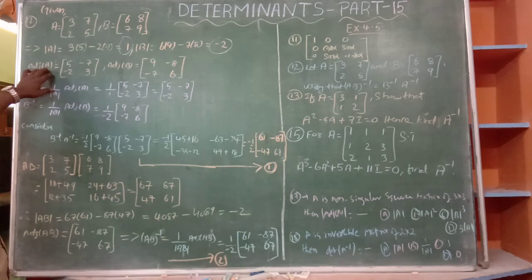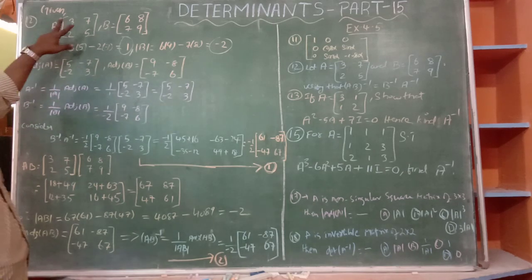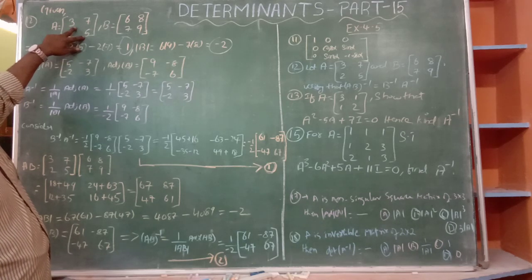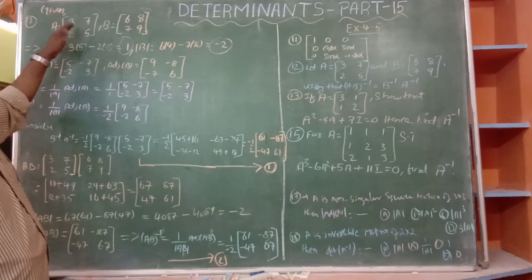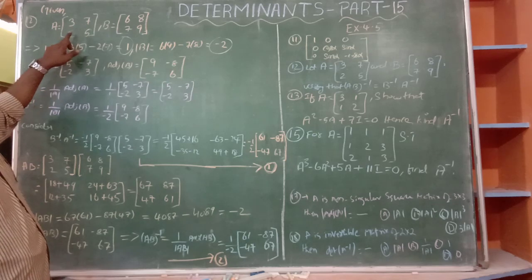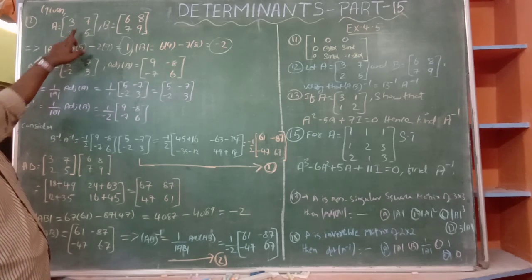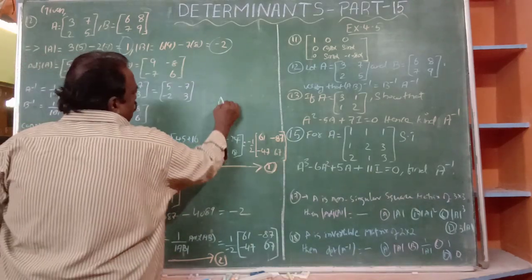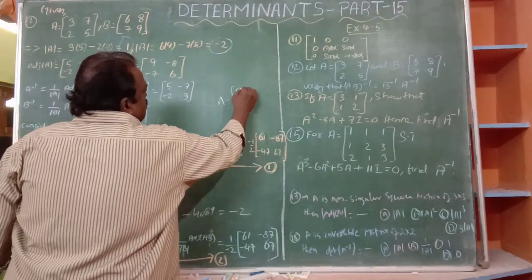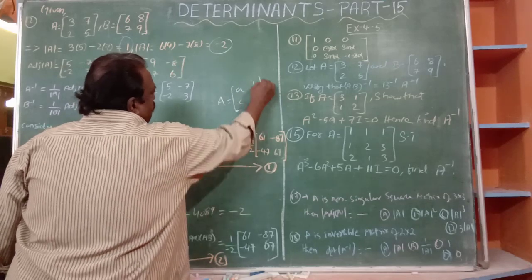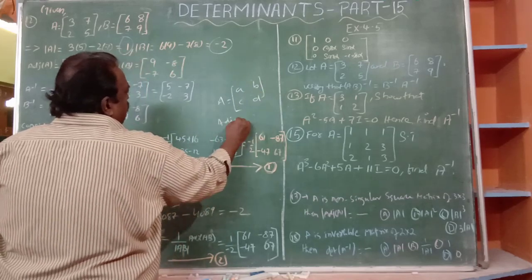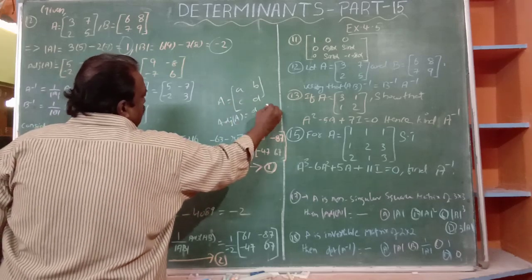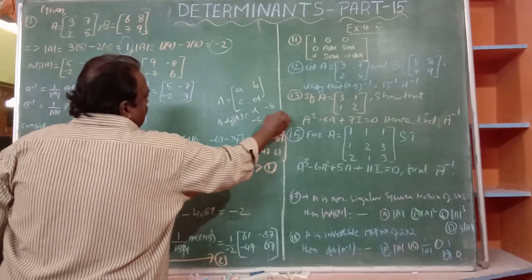Adjoint A. If A is [a, b; c, d], then adjoint A is nothing but [d, minus b; minus c, a].